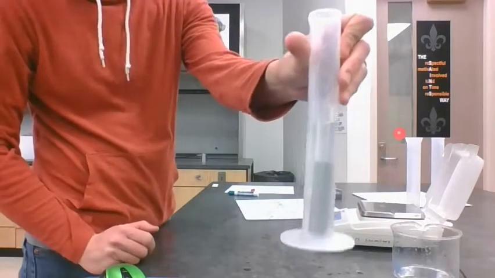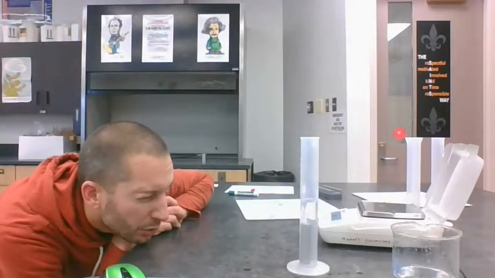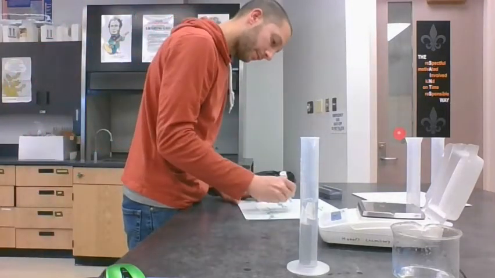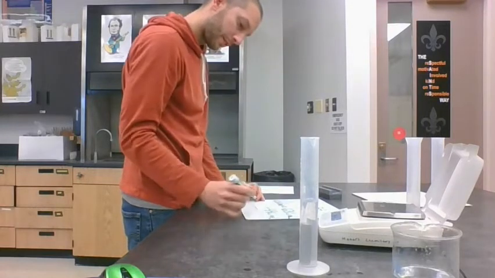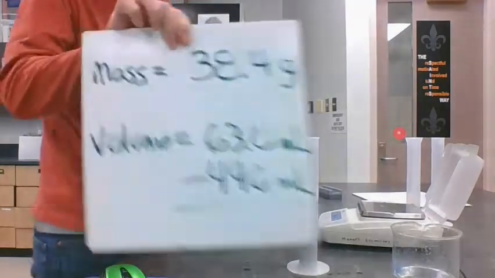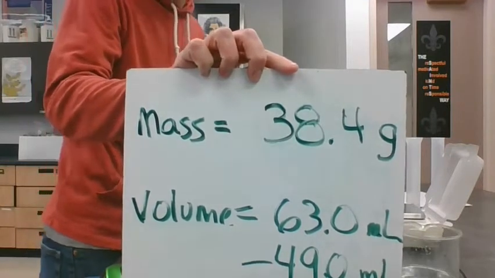Okay, it's in there. You can see it raised the water level up to 63.0. Again, you can do that subtraction and then fill that in for the volume on your data table.